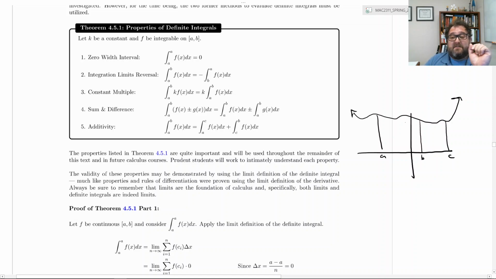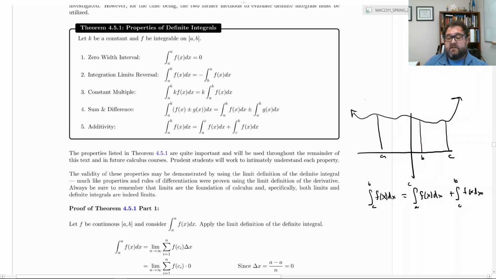If you have the definite integral from a to b of f of x dx, this is certainly equal to the definite integral from a to c of f of x dx plus the definite integral from c to b of f of x dx. So even if c is not between a and b, it still works.